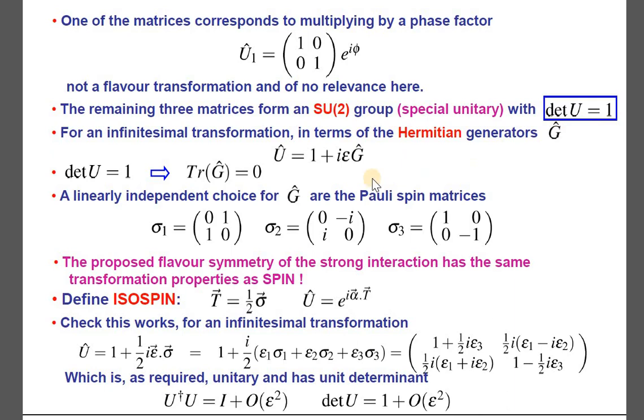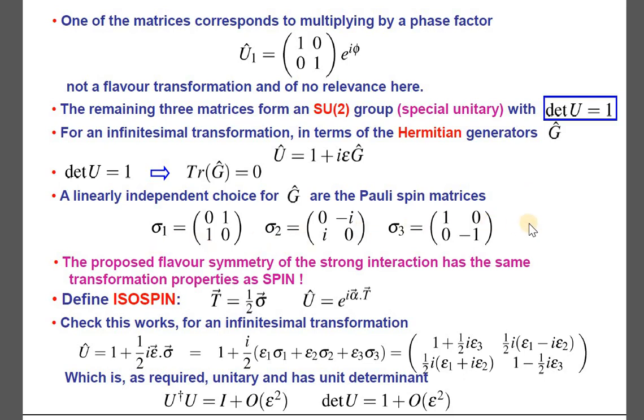Fine. Now for an infinitesimal transformation in terms of the Hermitian operator G, you can write U like this, and if you demand the determinant of U to be equal to 1, we get trace of G equal to 0. So a linearly independent choice of G are the Pauli spin matrices.